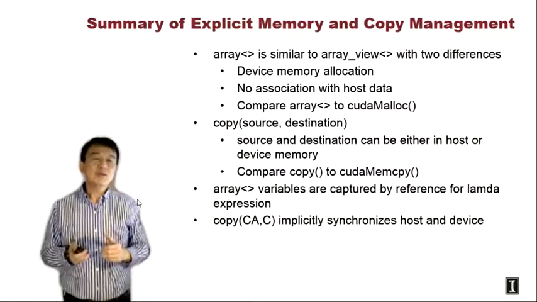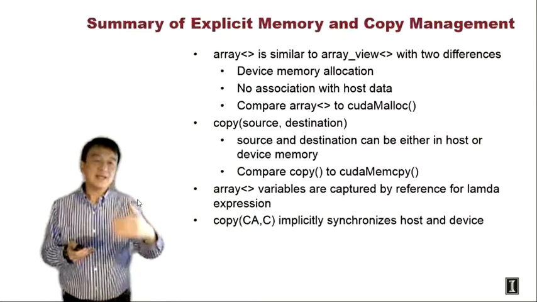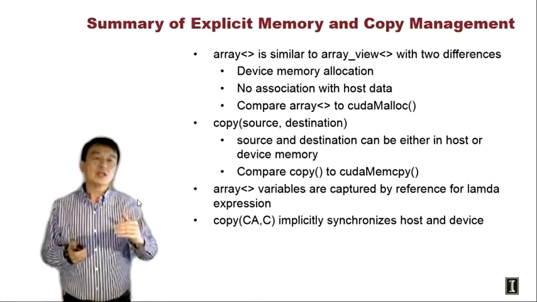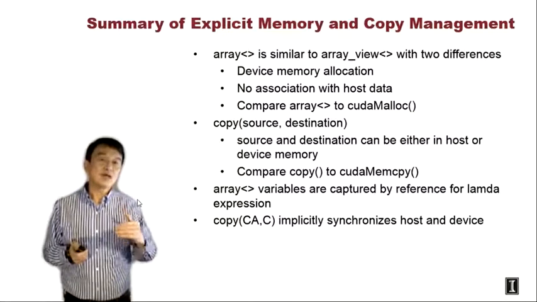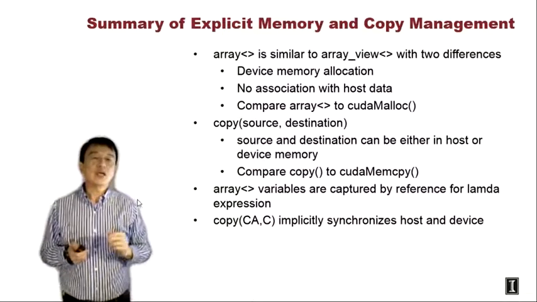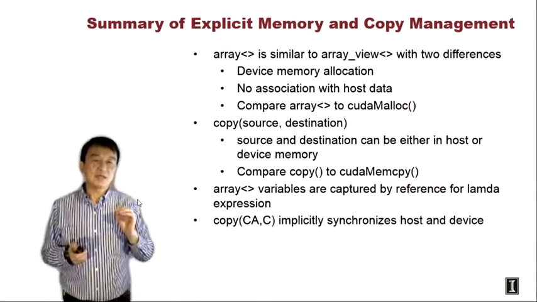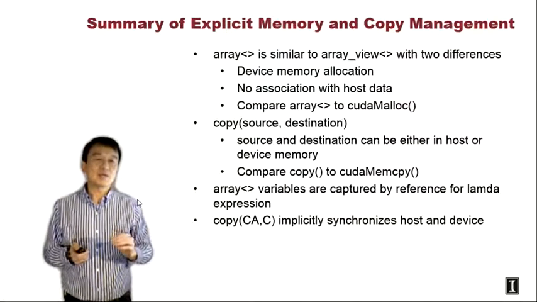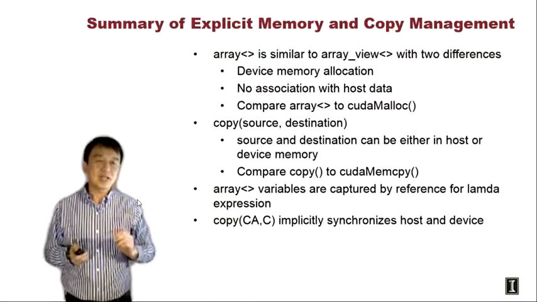Whereas array view is simply another way of accessing the host structure. So in devices that require extra memory allocation, the compiler will do that for you implicitly. Whereas if you use the array construct, it really instructs the compiler to allocate device memory for you.